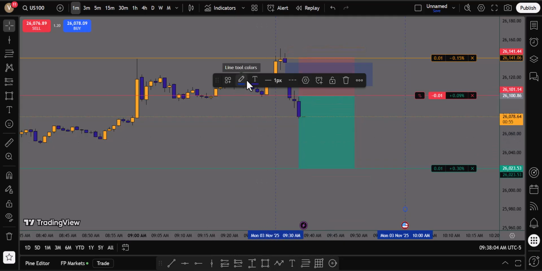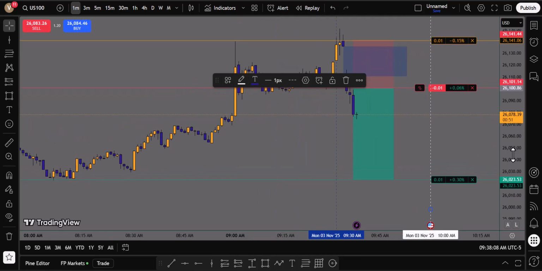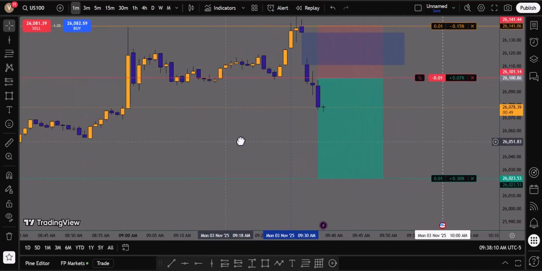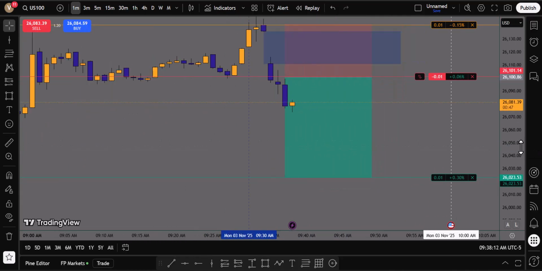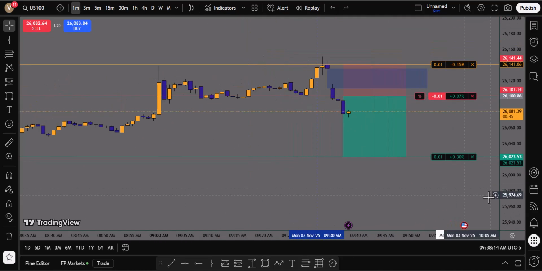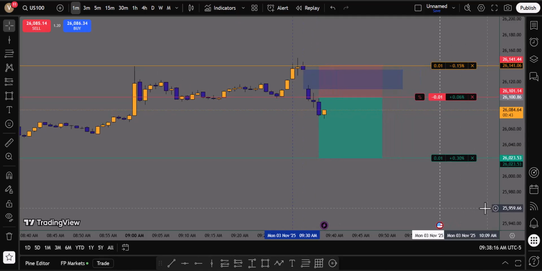So let's see how it goes. We've been able to do the needful analysis, top analysis from top to down, and then we frame the idea.